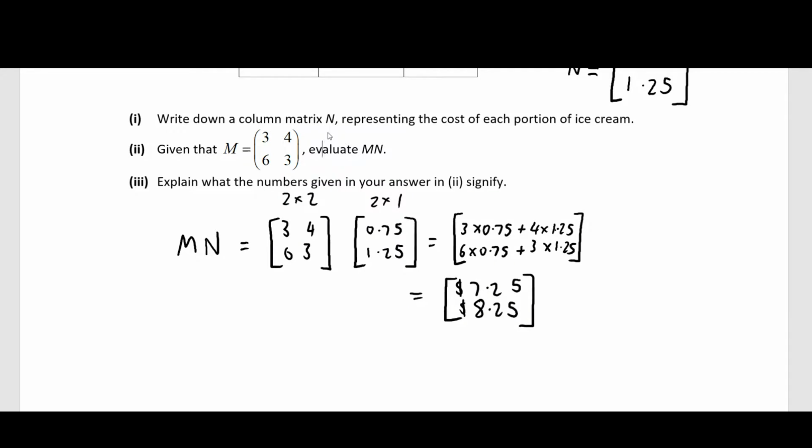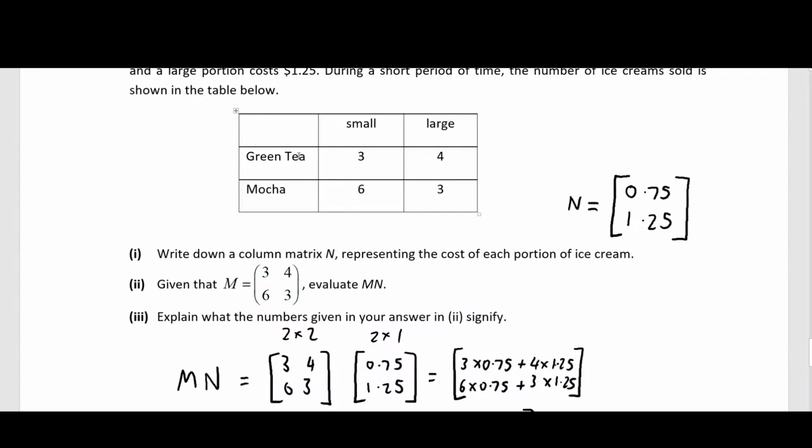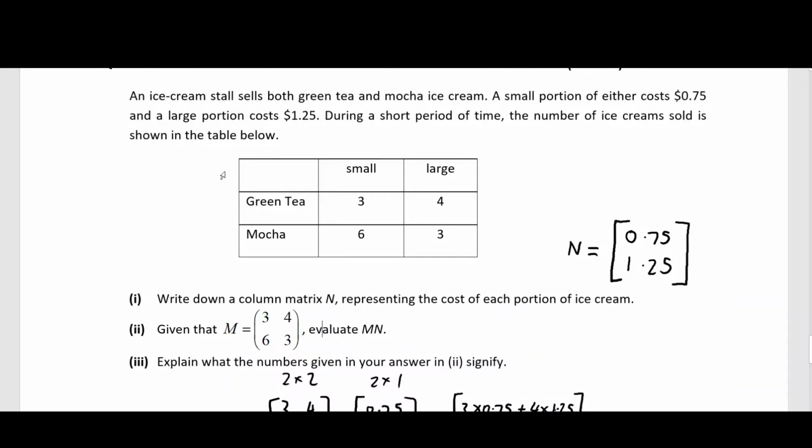And number 3 asks, explain what the numbers given in your answer in 1 signify. So MN equals that. What do they signify? The cost. Yeah, so cost of the small and large ice creams.